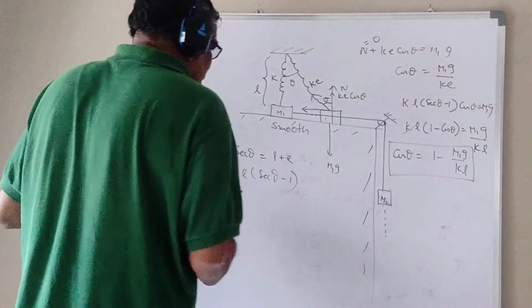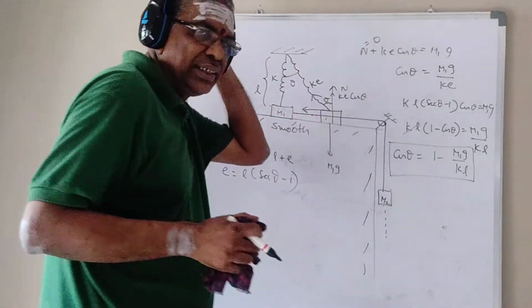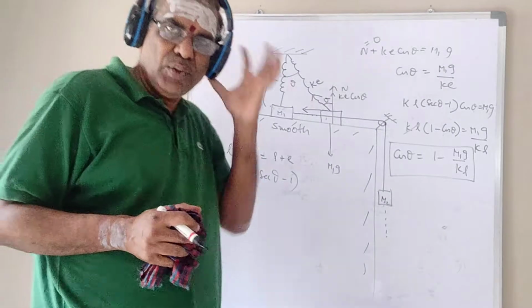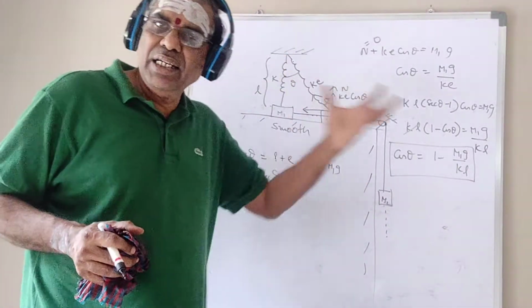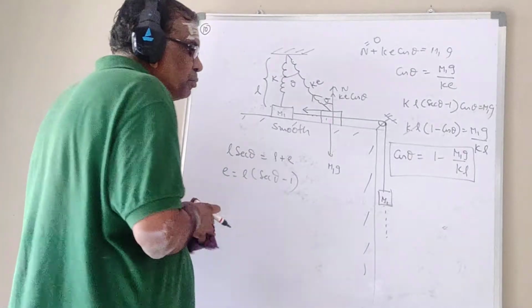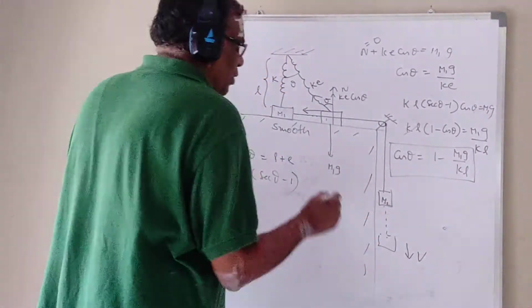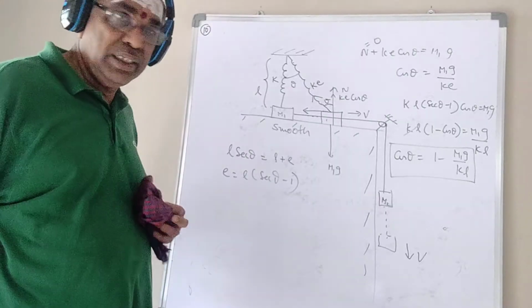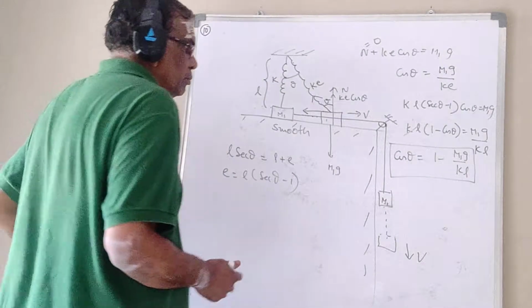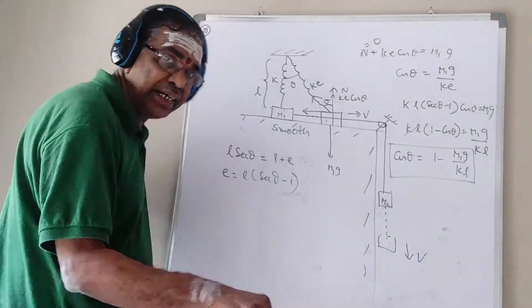Now let us say this is, what did I do now? I used Newton's second law to get a scenario where the body is likely to lose contact. At that instant, the velocity here is v, the velocity here also is v. Okay? Now, how far has this descended?